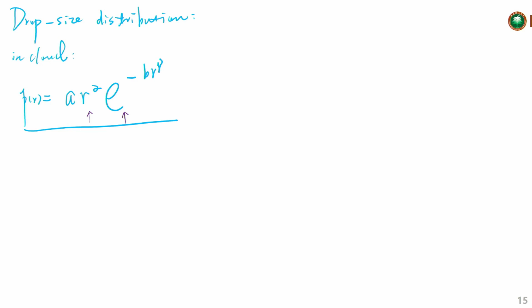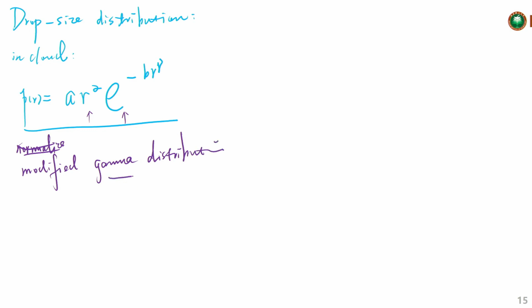We call this the normalized modified gamma distribution. Why?